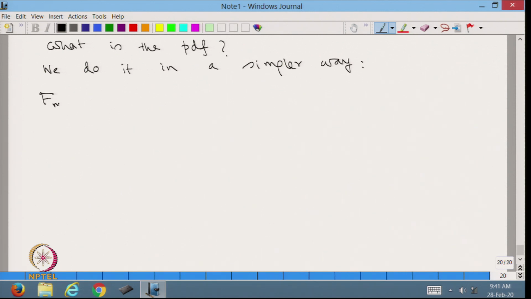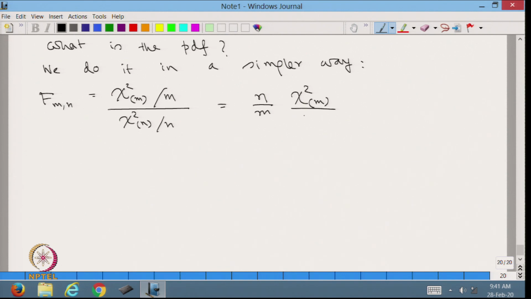So F m,n is equal to chi-square m by m upon chi-square n by n, which is equal to n by m times chi-square m divided by chi-square n, which is equal to n by m times Gamma(half, m by 2) upon Gamma(half, n by 2).